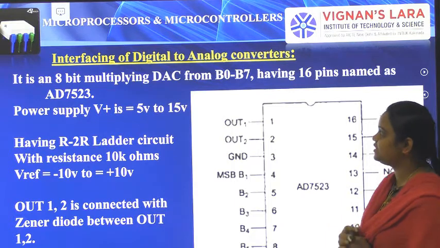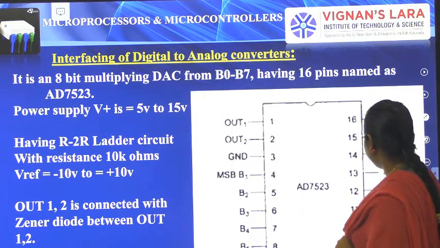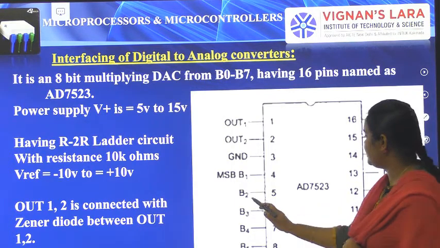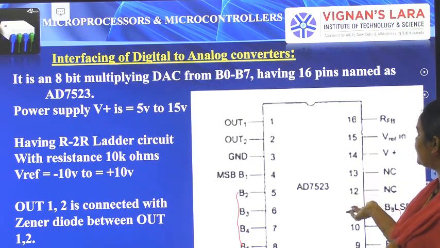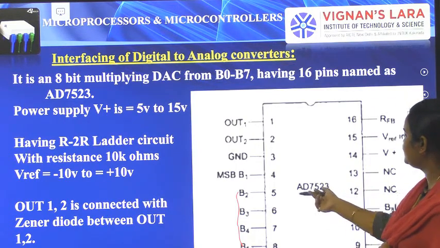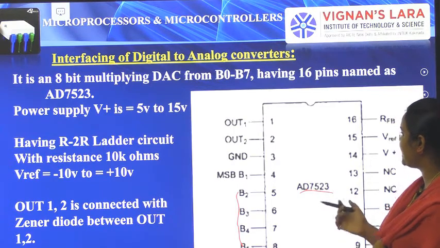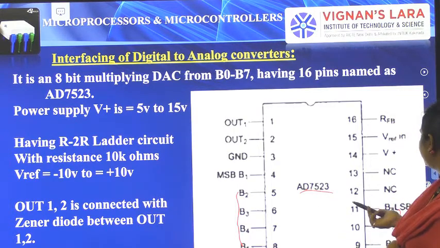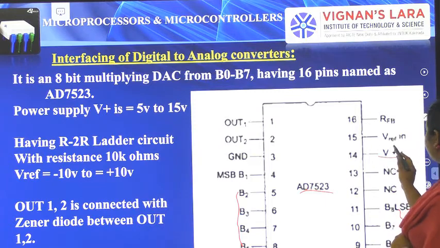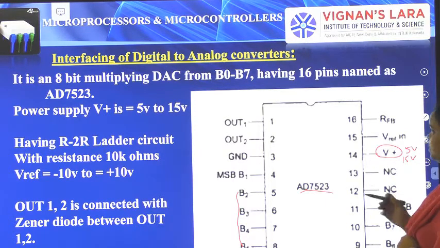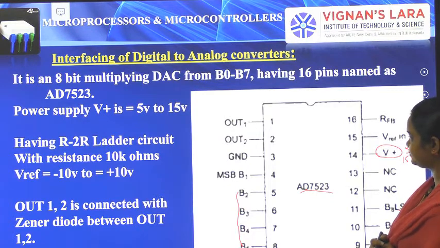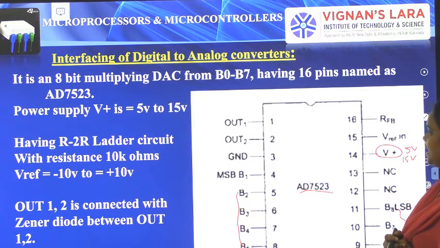It is an 8-bit multiplying DAC with inputs V1 to V8, having 16 pins, named AD7523. The power supply V plus is 5 to 15 volts. Here we have an R-2R ladder circuit with resistance of 10 kilo ohms.